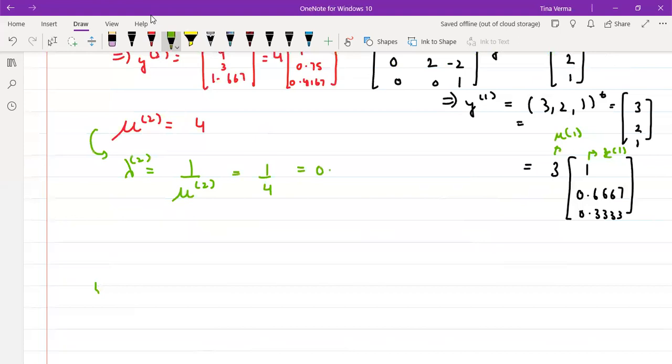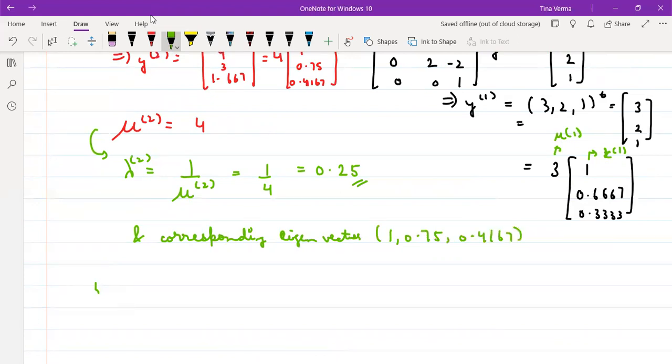That means 0.25. So this is your smallest eigenvalue for only 2 iterations. And obviously we have already done that theorem, that the corresponding eigenvector will be the same as for A inverse. So that will be 1, 0.75, 0.4167 transpose.